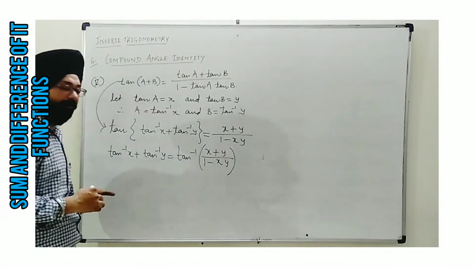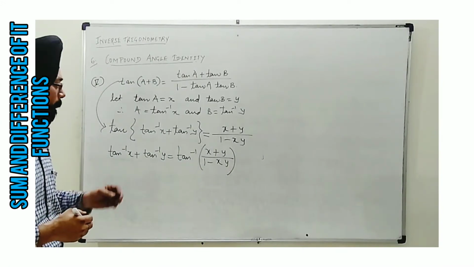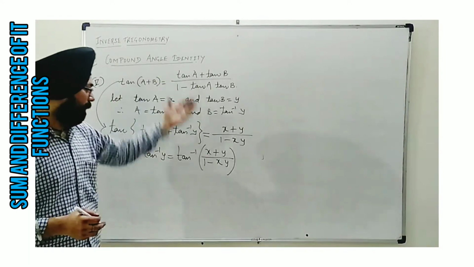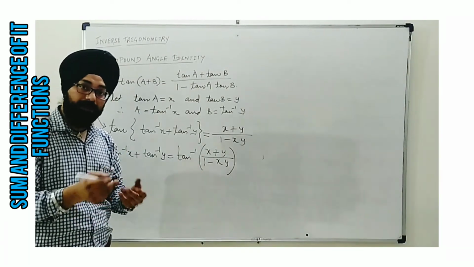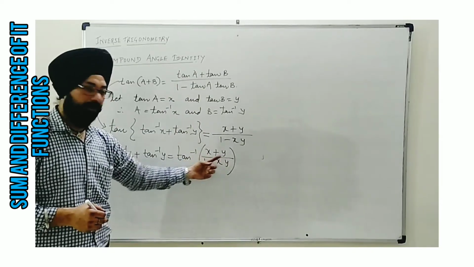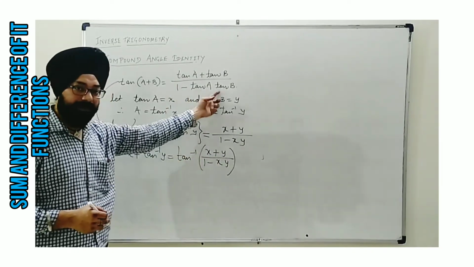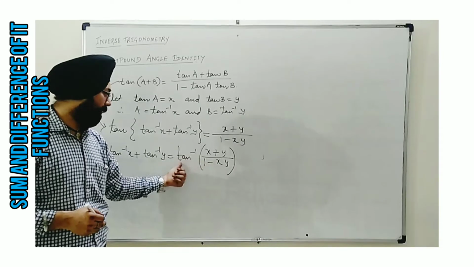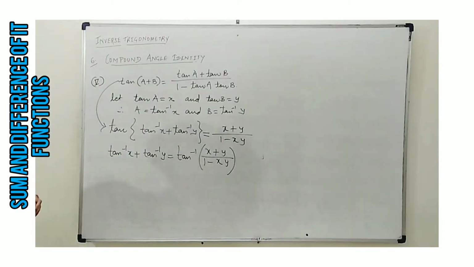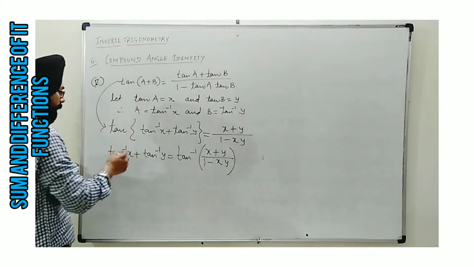You can see that whatever relations were there in normal trigonometry between functions, now the same expression we are having between values x and y. Here you could see tan a plus tan b, so x plus y upon 1 minus tan a tan b, it is 1 minus xy, and outside only tan inverse has been taken. So this way we can keep in mind the changes taking place in identities.